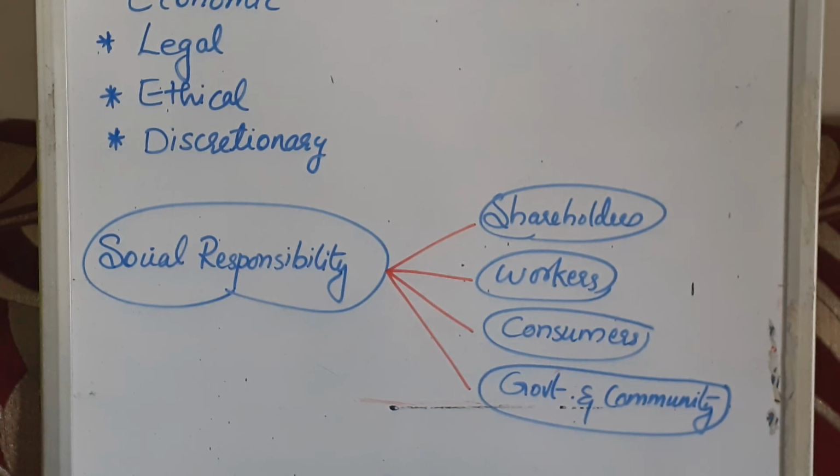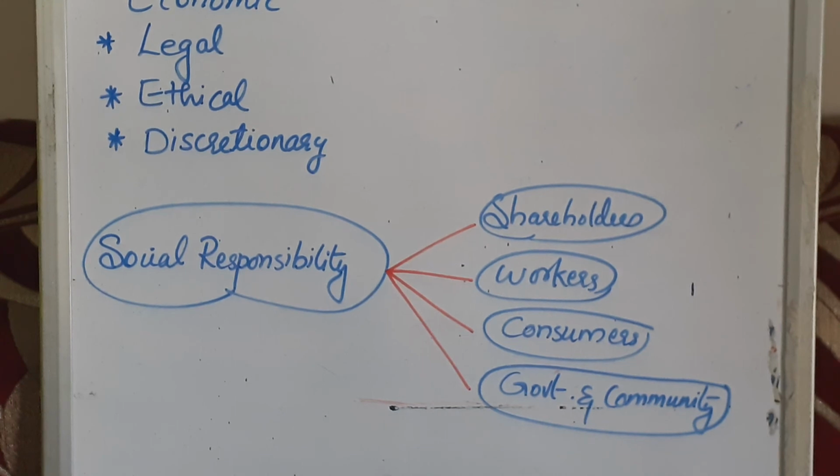The enterprise must respect the democratic right of the workers to form unions. And the next one is responsibility towards consumers. Supply of the right quality and quantity of goods and services to consumers at a reasonable price constitutes the responsibility of an enterprise towards its customers.